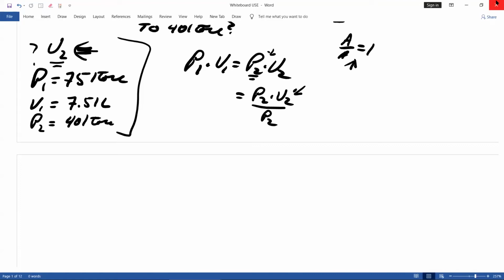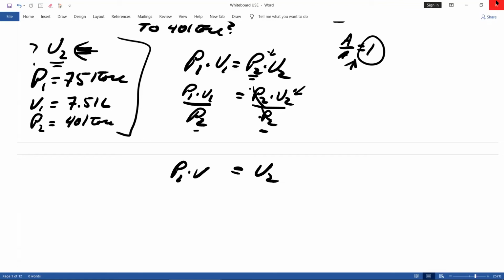But whatever you do to one side, you have to do to the other. If I divide this side by P2, I have to divide that side by P2. P2 divided by P2 cancel out, becomes the number 1. So this is now V2 equals P1 times V1 over P2.